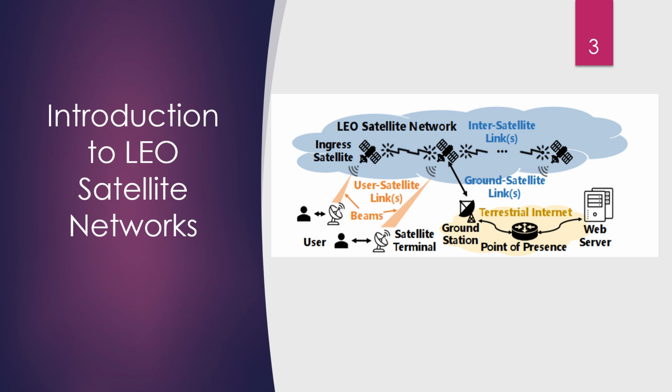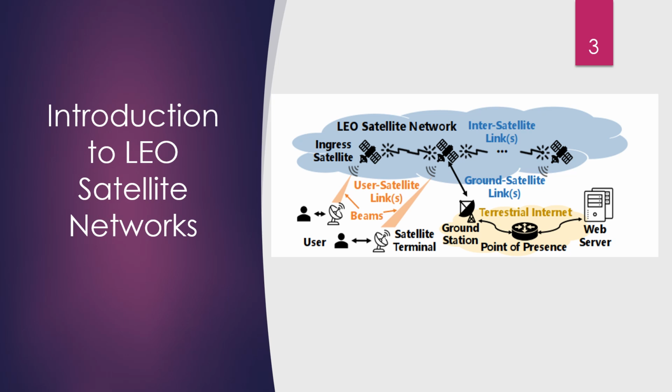Due to the LEO satellites' constant movement, frequent handovers occur as the ingress satellite changes. Data is relayed through inter-satellite links until it reaches a satellite connected to the ground station.